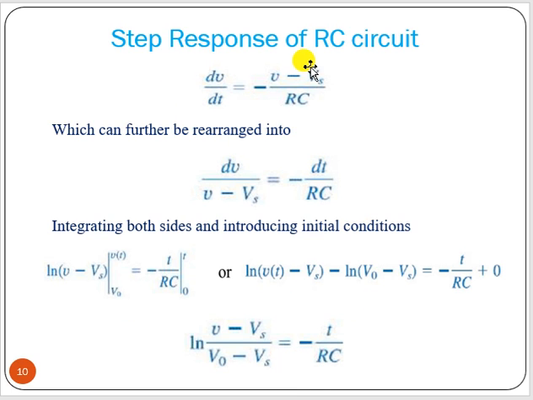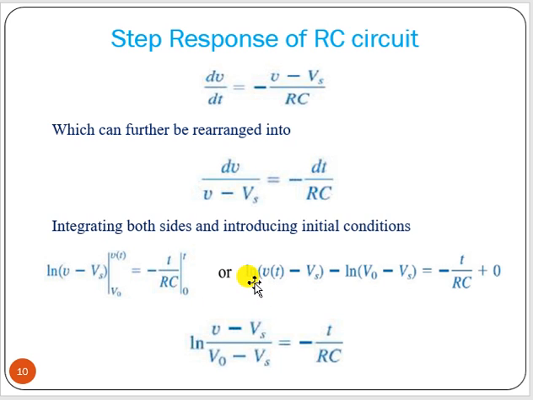Now from this equation we can take V minus Vs to the left hand side, and dt to the right hand side. Then we will have dV/(V minus Vs) equal to minus dt/RC. If we integrate both sides, we will get ln of (V minus Vs), which goes from V0 to V(t), initial value to final value, equal to minus t/RC, from 0 to t.